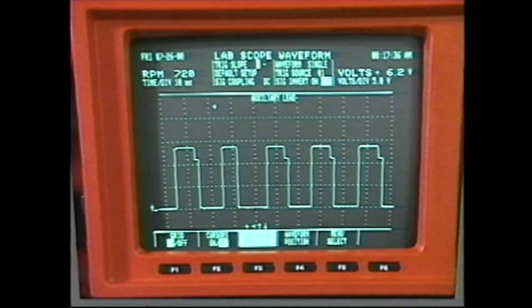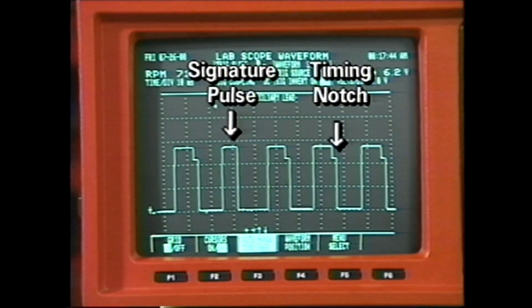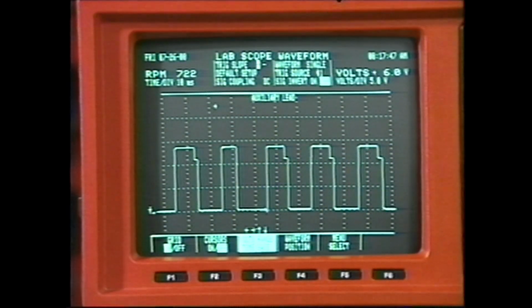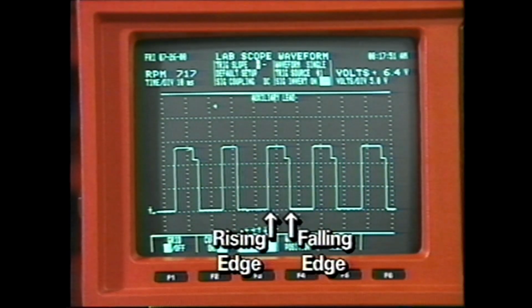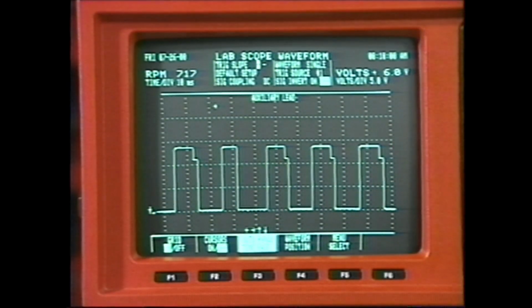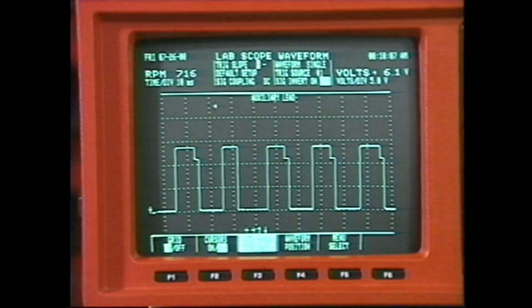Some digital signals display a signature pulse, which occurs when the number 1 cylinder fires. Some will have a computed timing notch. A good digital signal will have clean, square rising and falling edges where the current turns on or off. Any changes in the duty cycle, or relationship of on time to off time, or the frequency of pulses, should be related to specific system events.